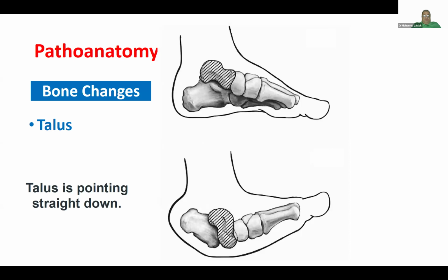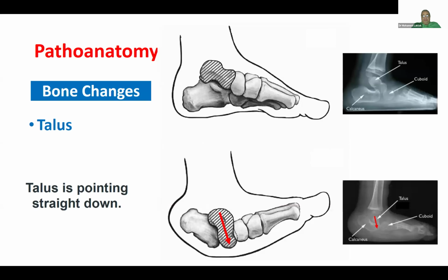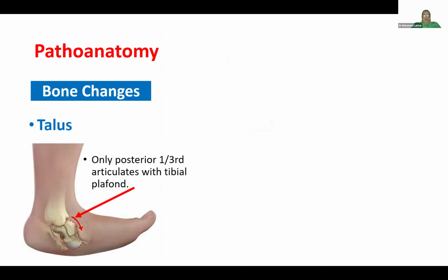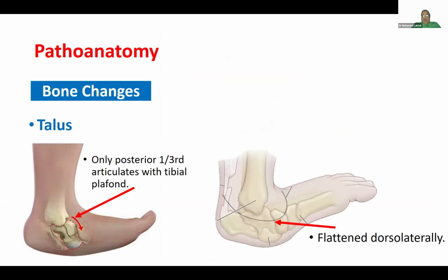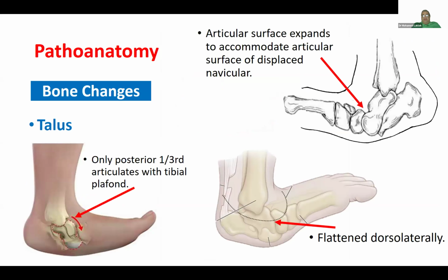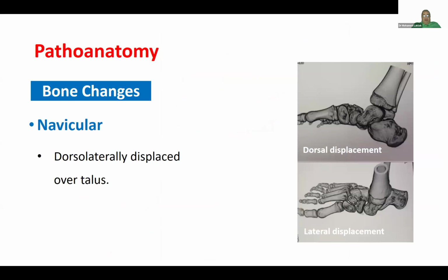The talus is also abnormal. The talus is pointing straight down, and only the posterior third of the articular surface of the talus articulates with the tibial plafond, flattening dorsolaterally, and the articular surface expands to accommodate the articular surface of the displaced navicular, and it is also plantar flexed. The navicular is also in an abnormal position.